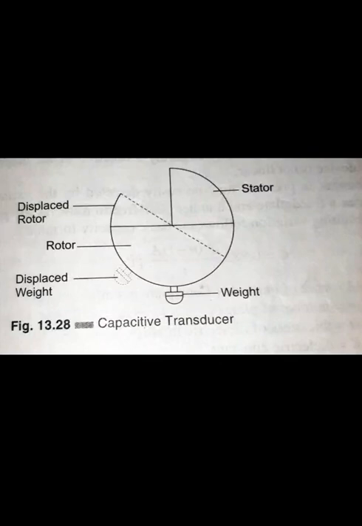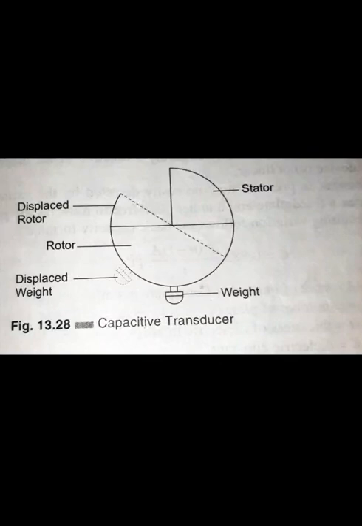With proper calibration, they give a high degree of accuracy. Stray magnetic and capacitive effects may cause errors in the measurement produced, which can be avoided by proper shielding.